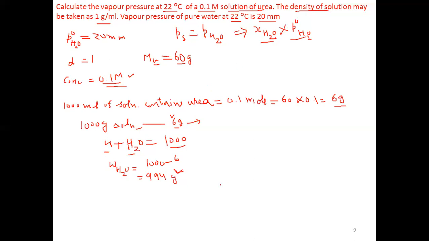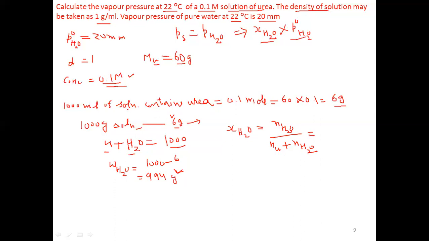So, what is x water? X water is equal to n water divided by n urea plus n water. We will put the values. Let us calculate n water.